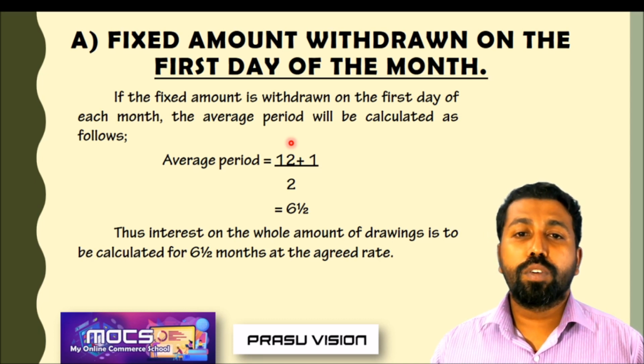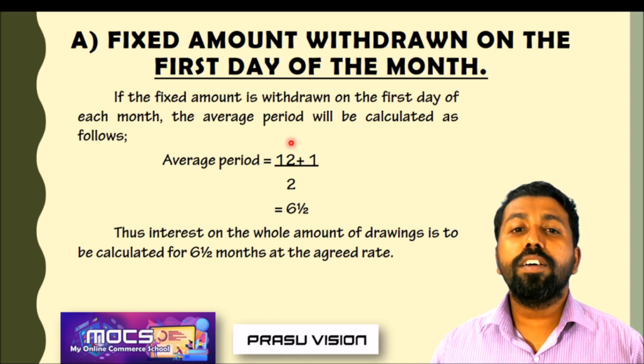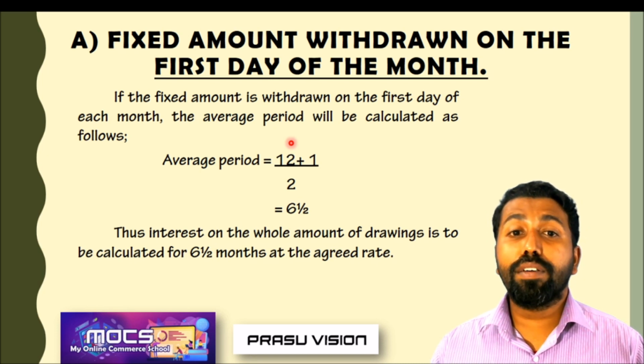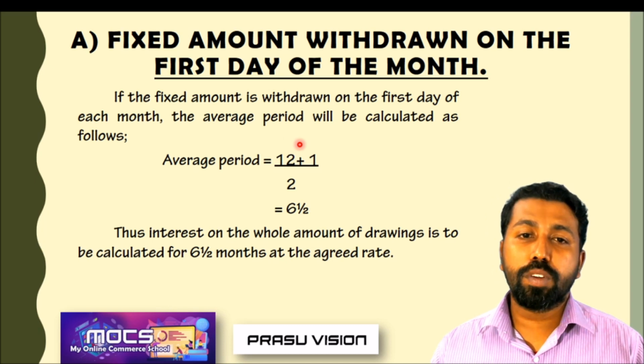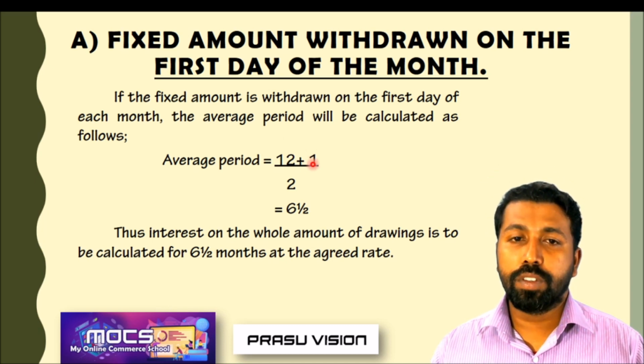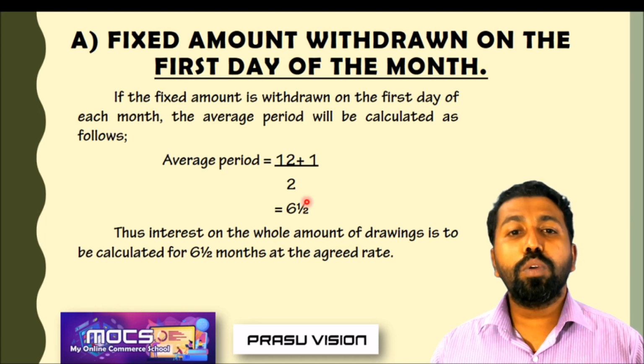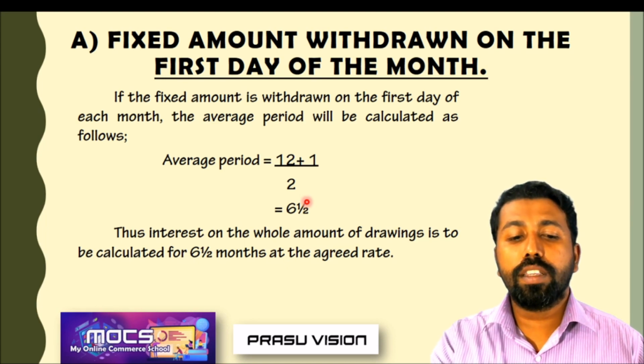So the last withdrawing will be on 1st December. The partner has to pay interest for the whole month of December. So 1 month left. So 12 plus 1 divided by 2, 6.5 is the average period. So how to use the average period? Let us look at the problem.